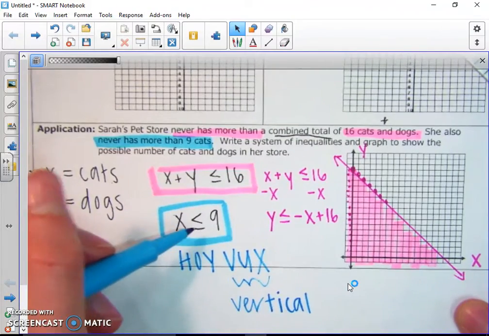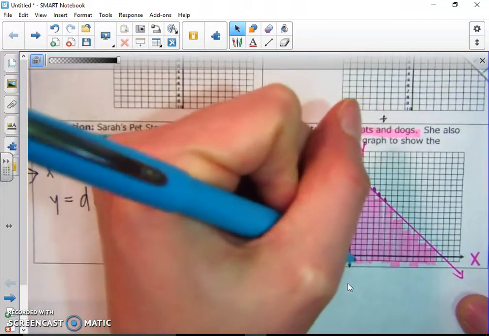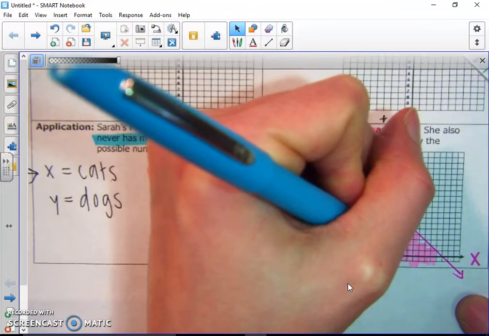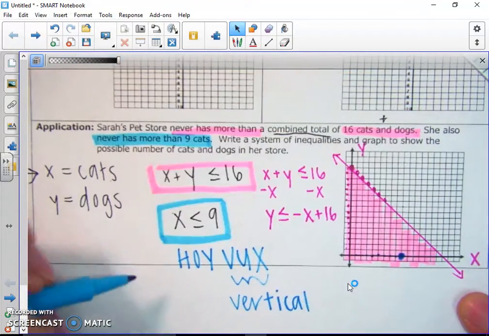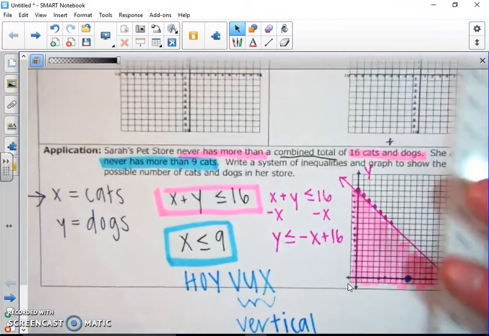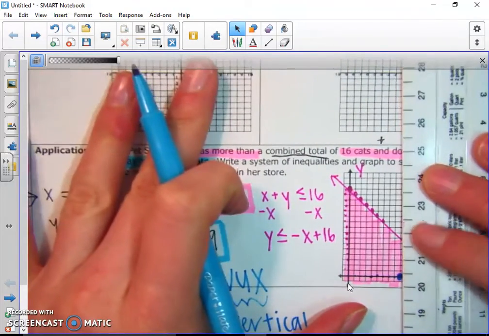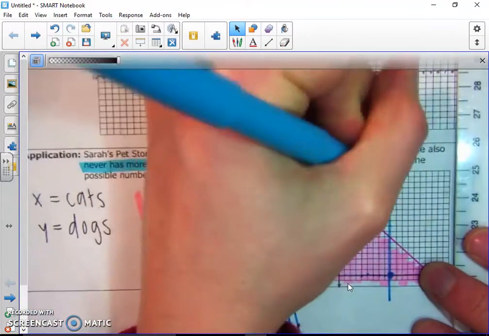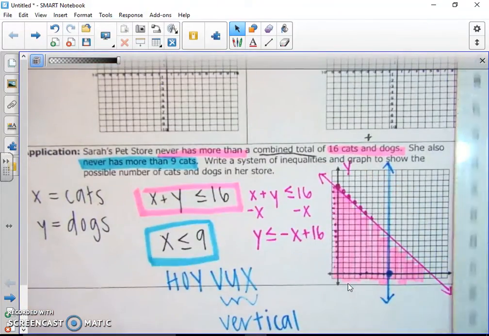So we're going to draw a vertical line at X equals 9. So let's count out 2, 3, 4, 5, 6, 7, 8, 9. It's a vertical line at 9. And since it's less than or equal to, not just less than, it's going to be a solid line.